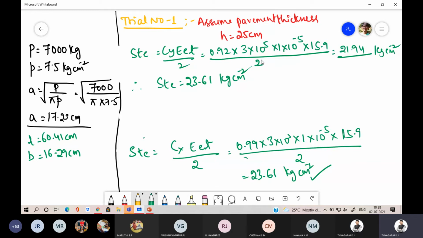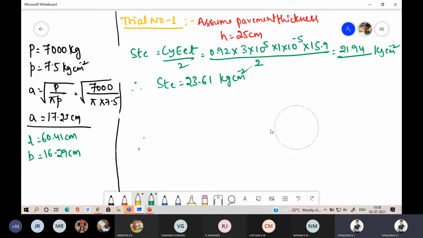Yes. Okay, now total stress, that is St plus Se, what is Se? Edge load stress. From the load we have calculated, right?